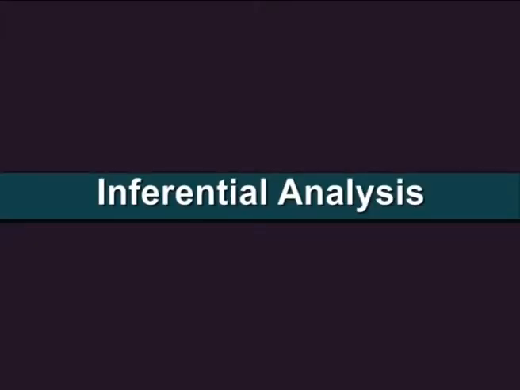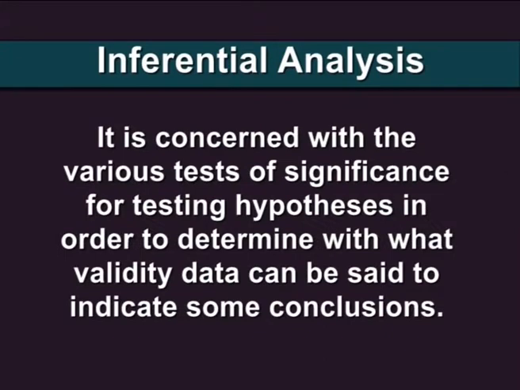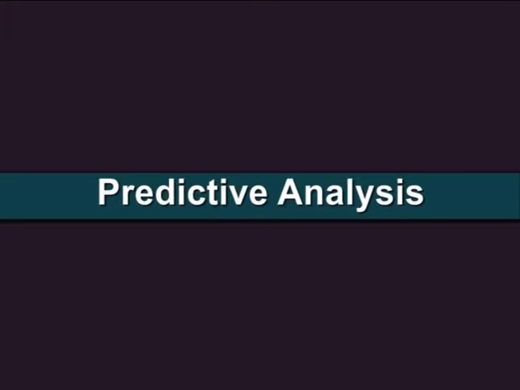The third type of analysis is inferential analysis. It is concerned with the various tests of significance for testing hypotheses in order to determine with what validity data can be said to indicate some conclusions. The fourth is predictive analysis.